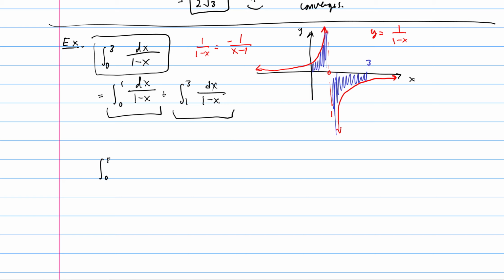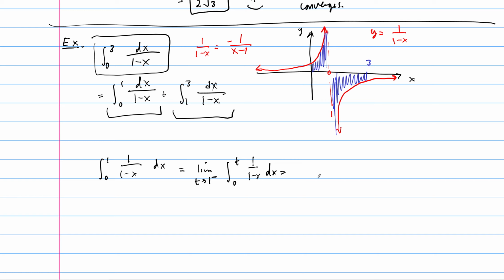So let's just do the first one and see what happens. This integral from 0 to 1 of 1 over 1 minus x dx. This one, the improper part is the 1, right? So this becomes the limit as t approaches 1 from the left of the integral from 0 to t of 1 over 1 minus x dx.